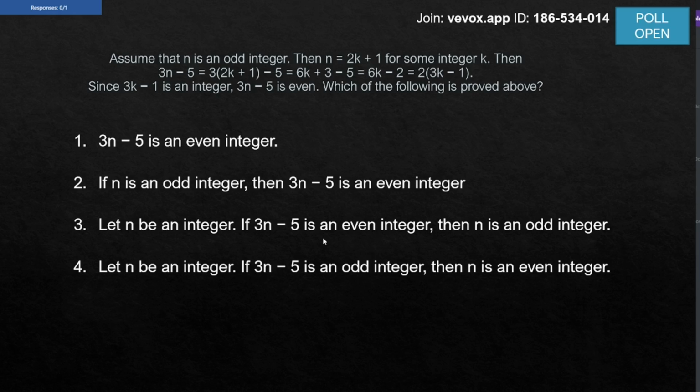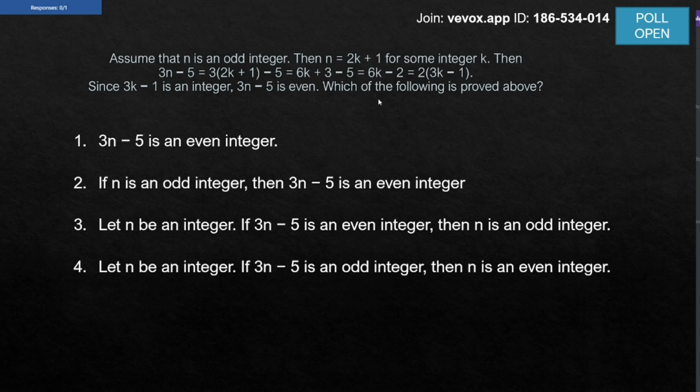And now we can just look at the implication. 3n minus 5 is an even integer. Okay, does this mean that n is an odd integer? Well, it actually doesn't, because we have assumed that n is an odd integer here. That means that we are taking the implication in another way. We are taking the right-hand side implication. This would be a left-hand side implication here, from the initial one.